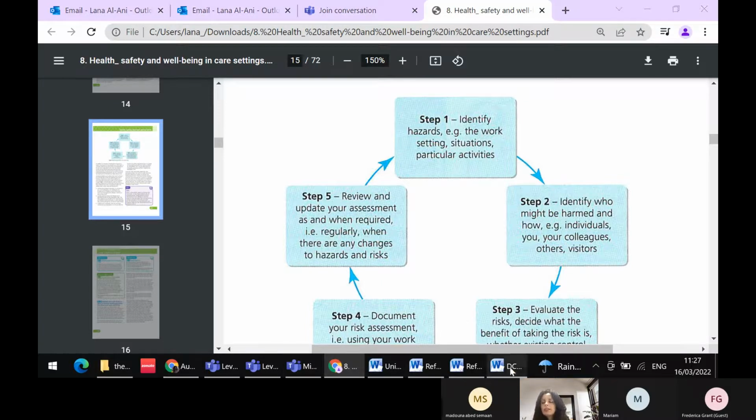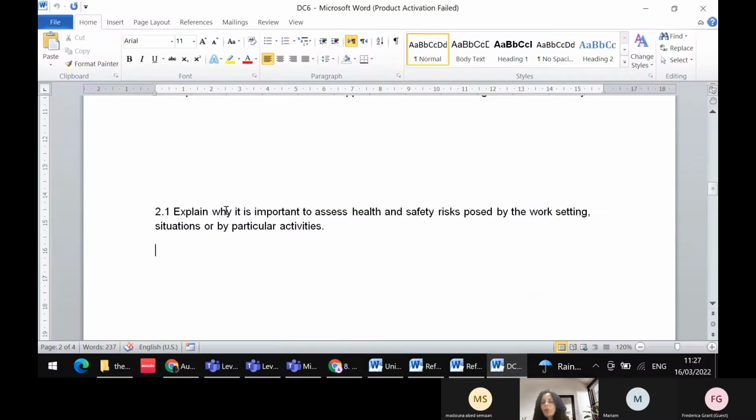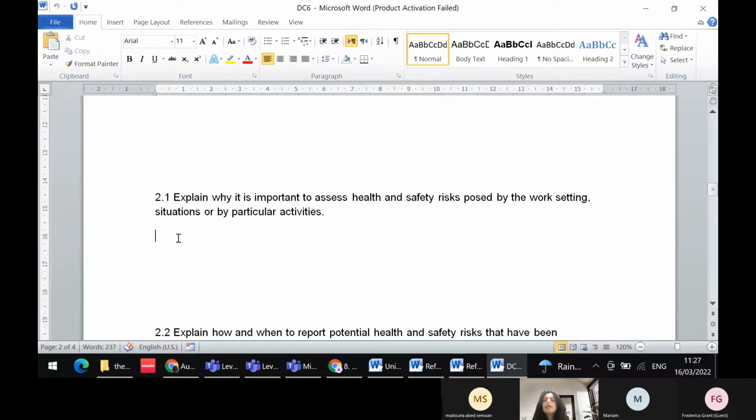Okay, so to answer this question, why it is important to assess health and safety situations. It is important because I need to monitor. First of all, there are so many risks involved in a care setting, and I need to assess these health and safety risks.